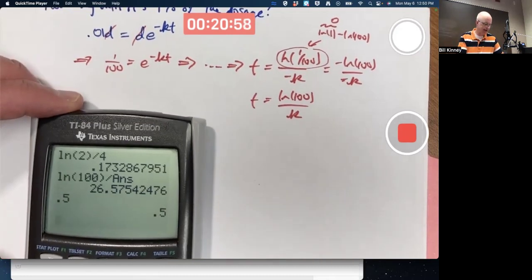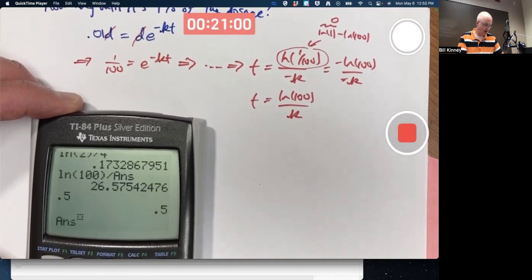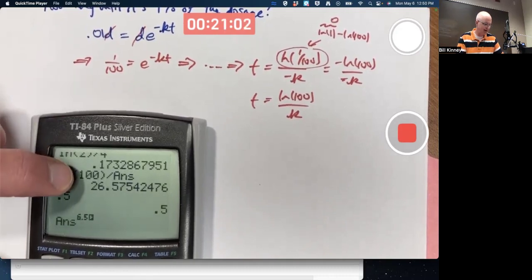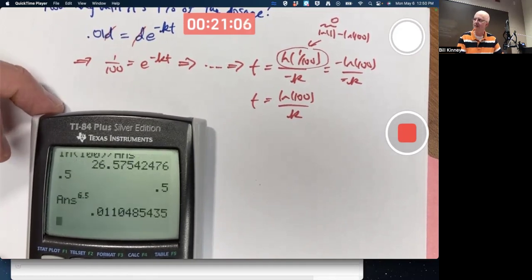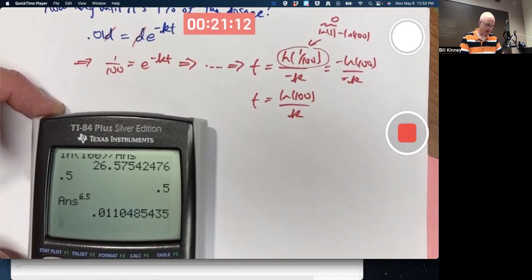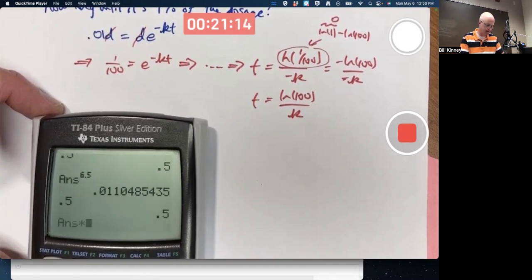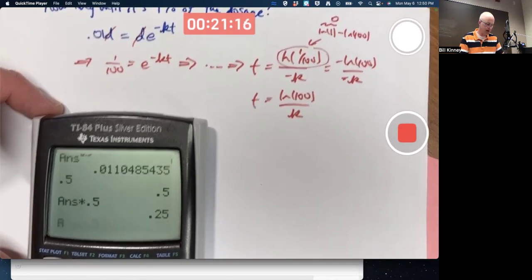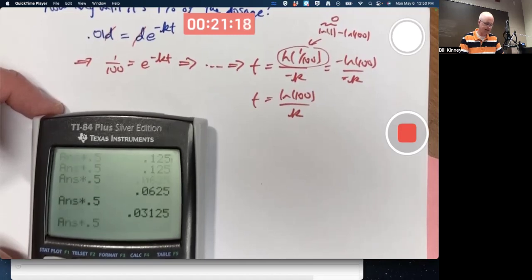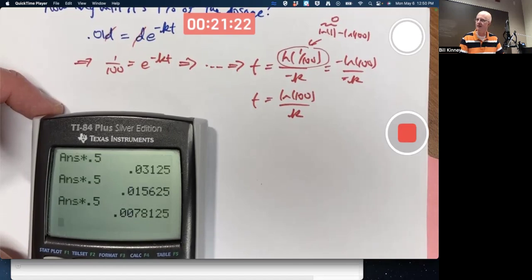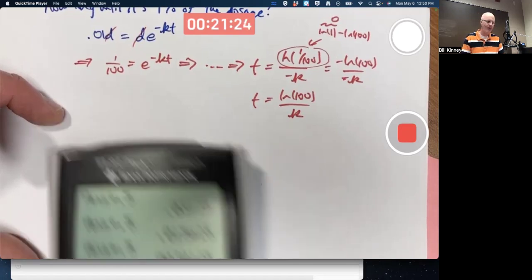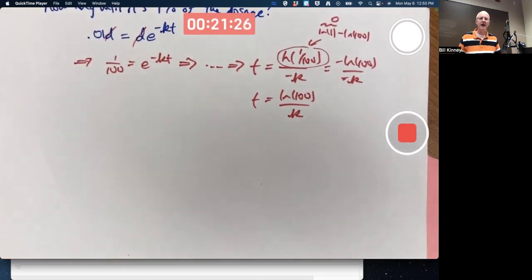So if I raise this to the approximately 6.5 power, it should be close to 0.01. Yeah, not too far away. Alternatively, if I keep multiplying 0.5 times itself 2, 3, 4, 5, 6 times, and then to 7 times, I'm under 1%. So that's how you model a one-time dosage.